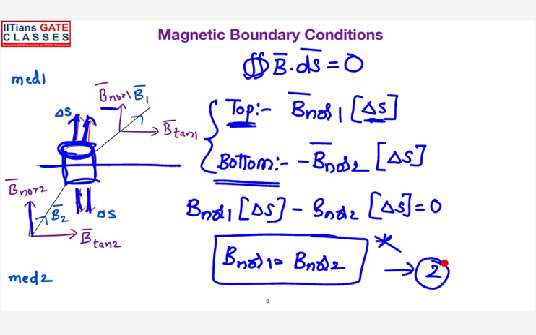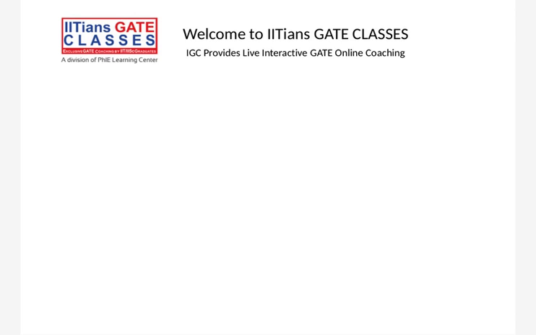So finally, when you summarize all the 4 boundary conditions, even including electrostatics and magnetostatics, in case of electrostatics, you have the tangential component of electric field remains the same. You should remember it because this topic has a huge weightage in the GATE.